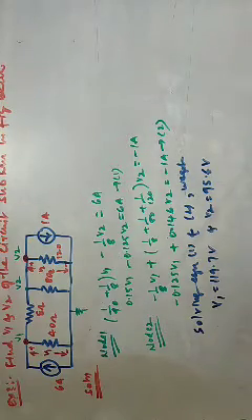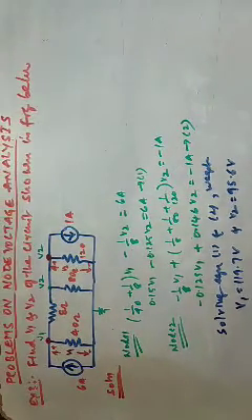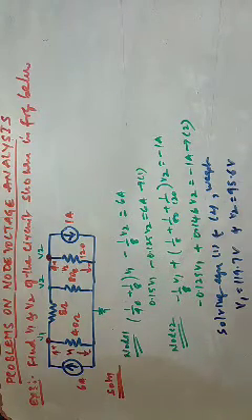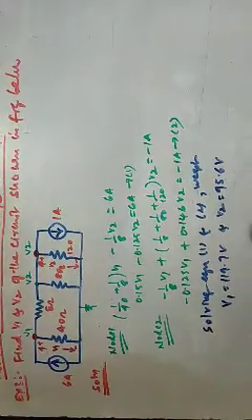This is the solution. The question asks us to find V1 and V2. We have obtained the nodal equations with respect to node 1 and node 2, and by solving them with a calculator, we get V1 as 119.7 and V2 as 95.6 volt.